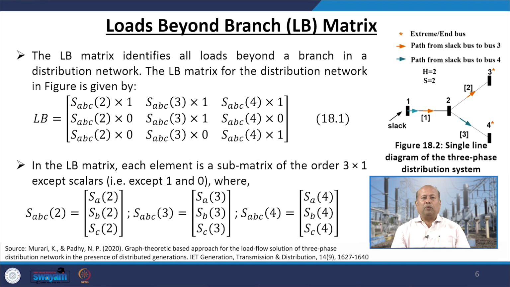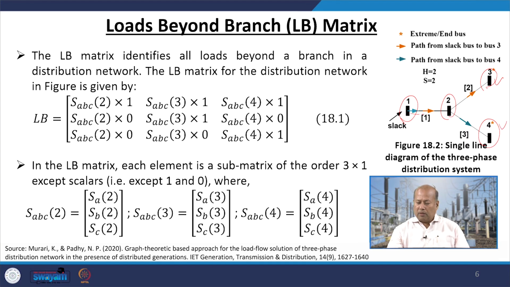To start with, what is the loads beyond branch LB matrix? We consider a single line diagram of a three phase distribution system. This is going to be a slack bus, and then bus number 2, bus number 3 and bus number 4, and 3 and 4 are considered to be extreme.